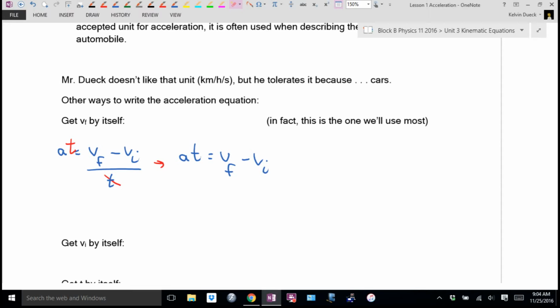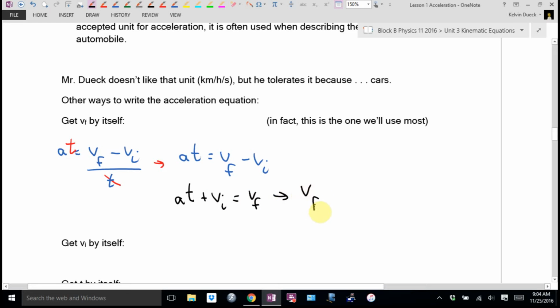It's going to be a bit weird. Some of you are going to want to put numbers in. I'm going to make you do math with letters. It's easier. What did you say we're going to do with the VI? So I'm going to get the AT dropping down like a domino. You said I'm going to add the VI, and that equals VF. In fact, if you look on your formula sheet, it's written this way: VF equals VI plus AT.